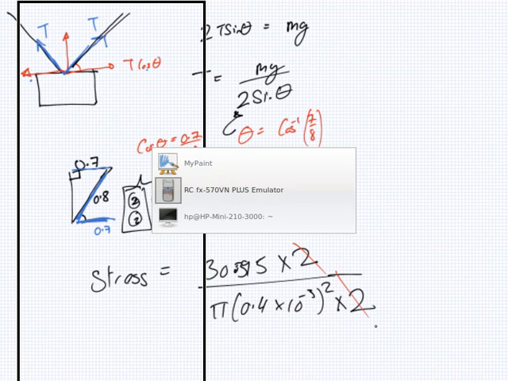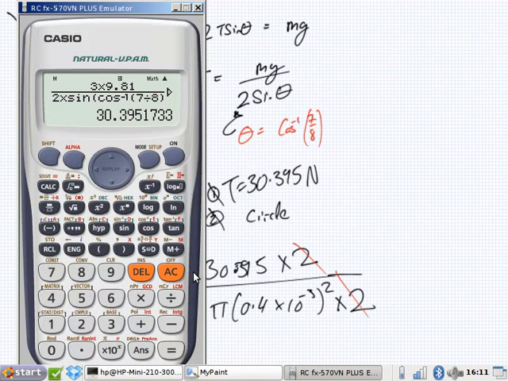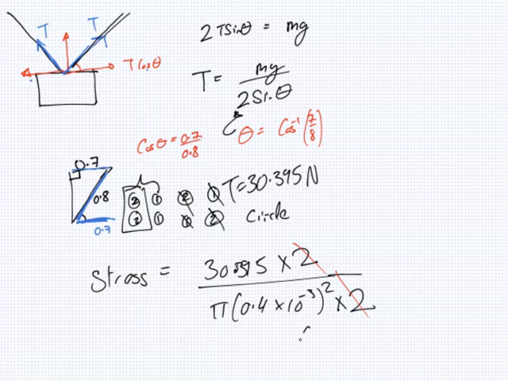Right, let's see what we get now. Divided by pi times that squared. Is this the answer? Great. How many zeros? 1, 2, 3, 4, 5. 6 or 5 zeros.